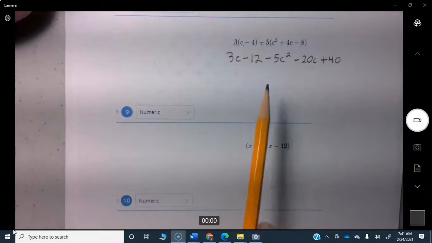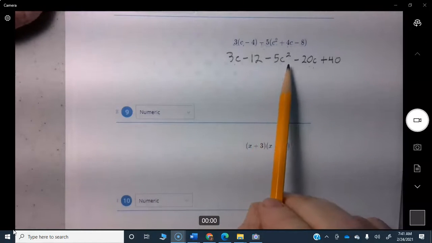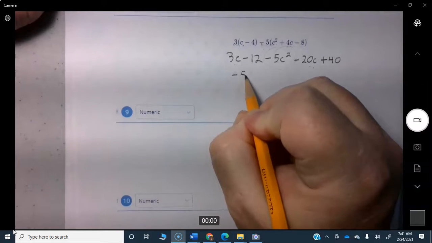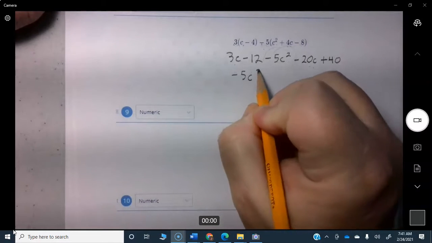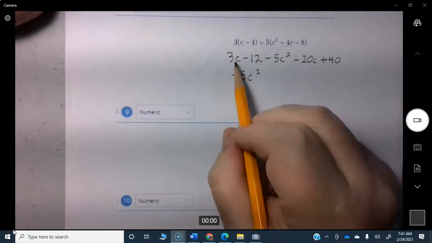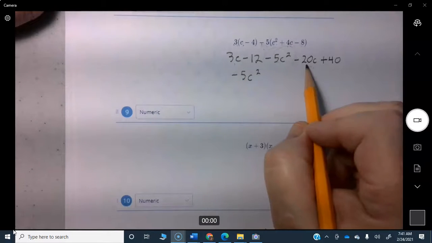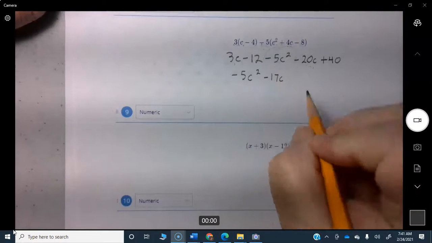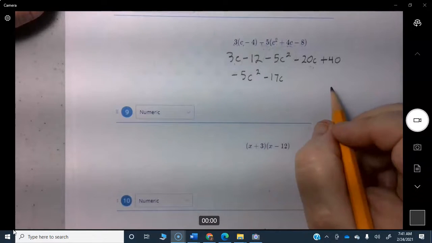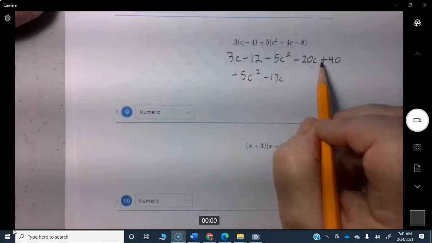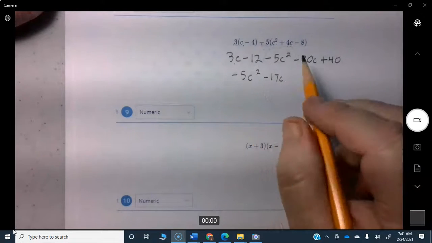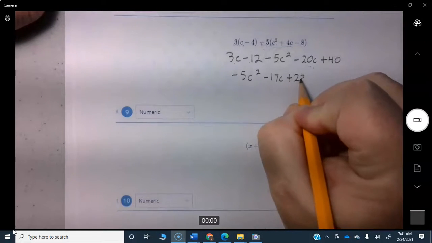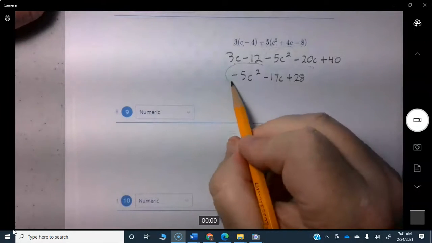All I have is a c squared term, so I'm going to write that down here, minus 5c squared. You have 3c minus 20c, so minus 20 plus 3 is minus 17c. Again, use a calculator if you need to. And then minus 12 plus 40, or 40 minus 12 is an easier way to think of that, is plus 28. Okay, and that's your answer.